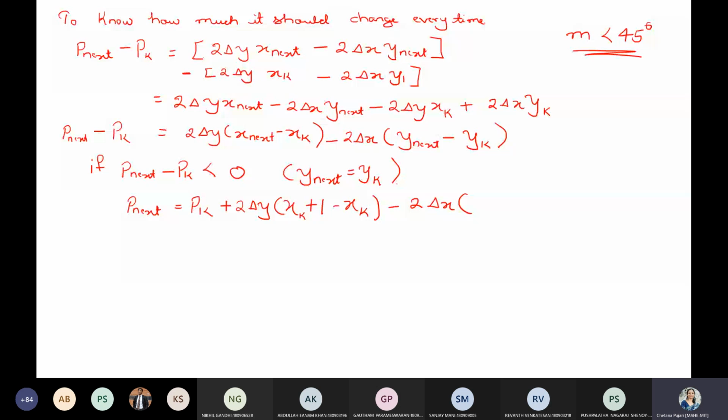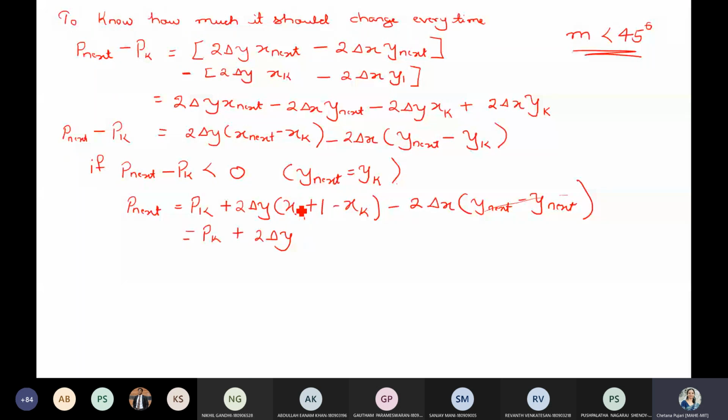Okay, so this whole term will get cancelled because it's plus and minus, right? You are going to cancel it. So the new equation will be plus 2 delta x, which is right because it's like 1 minus 1, so that is 0.